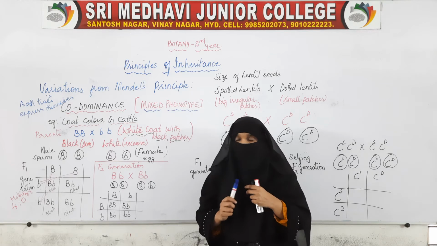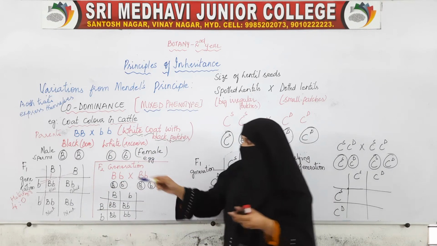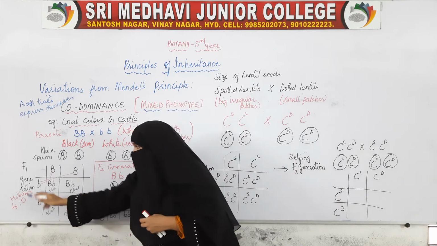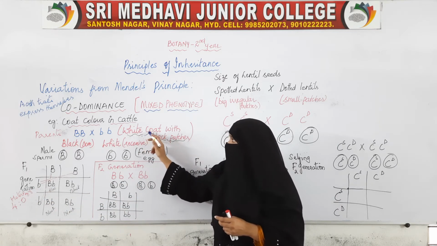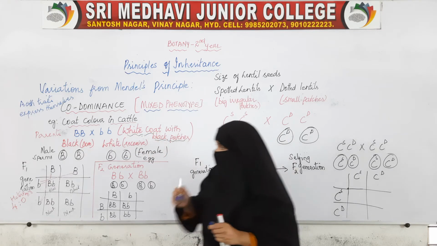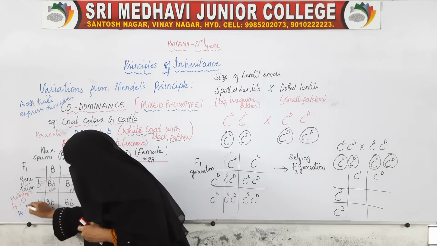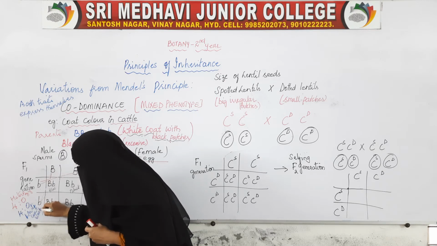Now, all four of them are heterozygous, that is a 4:0 genotypic ratio, and in phenotype all four of them were white color coat with black patches, that is 4:0 white coat color with black patches.